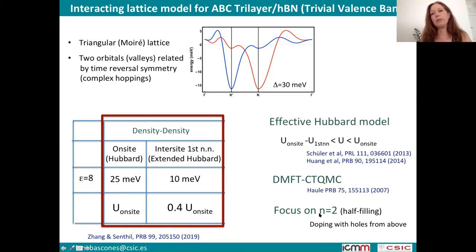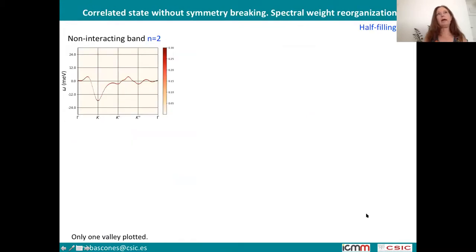I'm going to focus on the specific case of 2 holes per Moiré unit cell, so half-filling. Let me first look at what happens when there is no symmetry breaking. In the first part of the results, I'm going to enforce that there is no symmetry breaking.